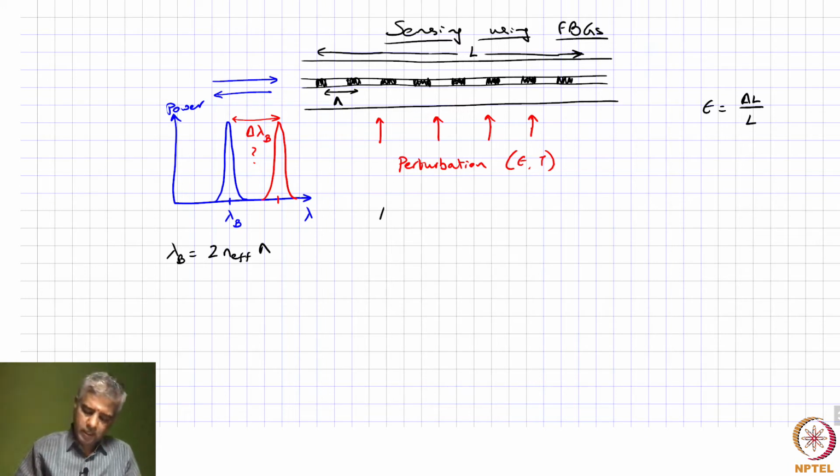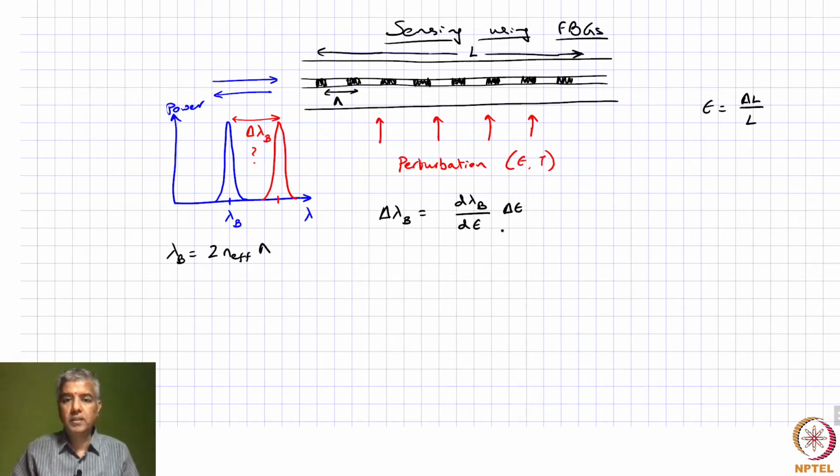You can say delta lambda B would consist of the rate of change of lambda B with respect to strain, multiplied by the applied change in strain, and then similarly a rate of change in the Bragg wavelength per unit change in temperature, multiplied by the change in temperature itself.